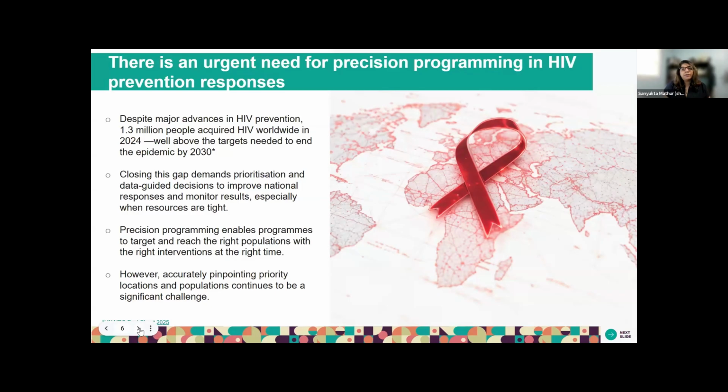And given our current environment, part of closing this gap requires prioritization and data-guided decisions to improve national responses and monitor results, especially when resources are tight. Efforts around precision programming can help individuals like yourselves target and reach the right populations with the right interventions at the right time. However, figuring that out continues to be a challenge.